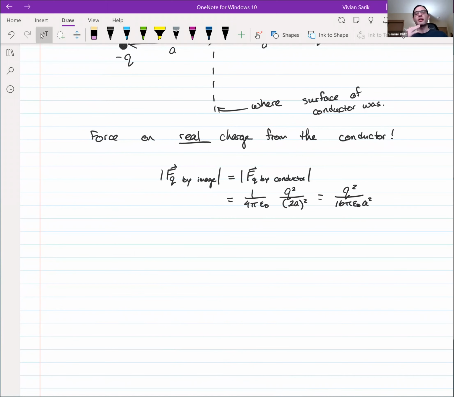You could see how this generalizes. You could even do a charge distribution near a conductor. You could have a ring of charges near a conductor, and there would be an image ring of charges on the other side. And so you could compute forces for more complicated things. And I believe an example like that is worked out either in the textbook or in the other textbook, the one that I sometimes link to.